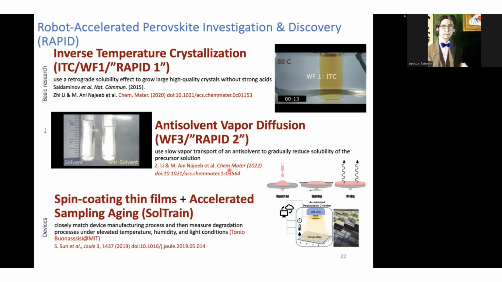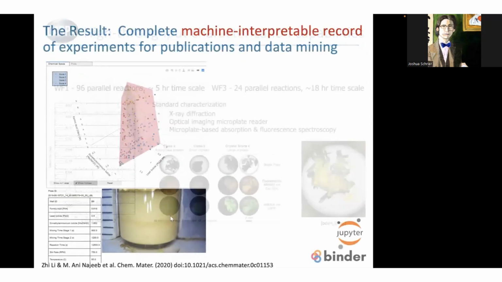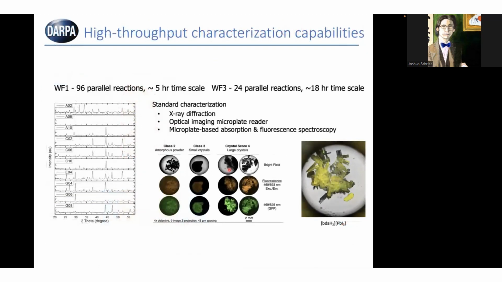The other thing that was really tricky was figuring out ways to make the characterization keep up with the synthesis. So we can run that first workflow on a scale of about 96 reactions at a time, and it takes 5 hours from start to finish. That's from the technician going into the laboratory, making some stock solutions, loading them into the robot, running everything, and then cleaning up at the end, right?